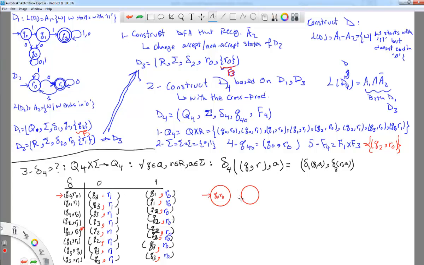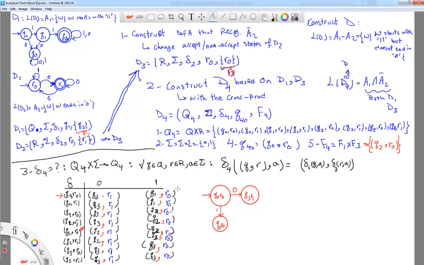So with a 0, Q sub 3 R sub 1, Q sub 3 R sub 1 with a 0. And then with a 1, it's going to go to Q sub 1 R sub 0.